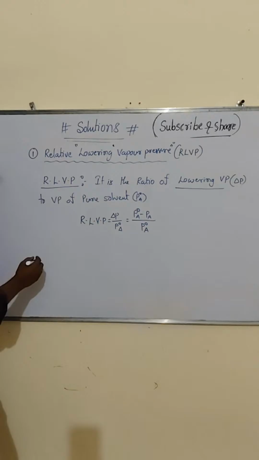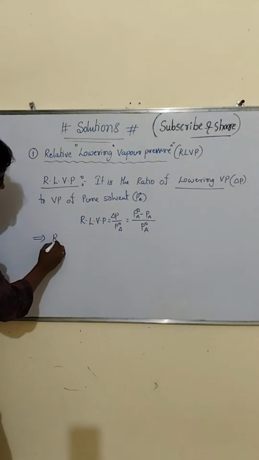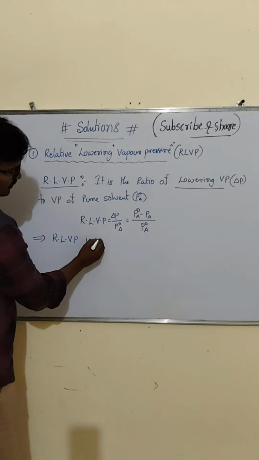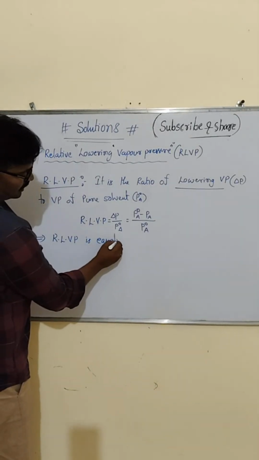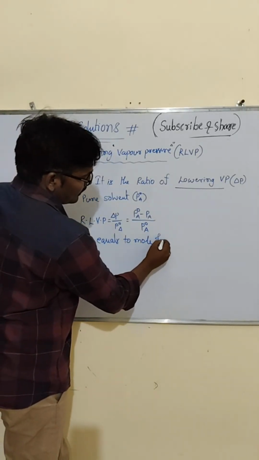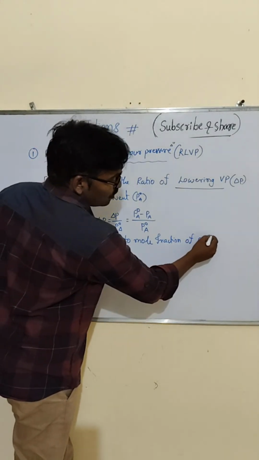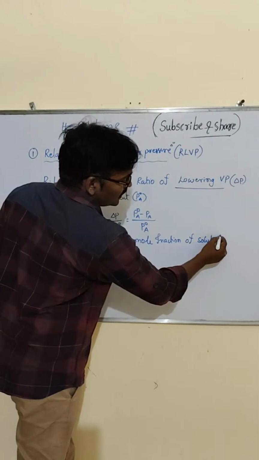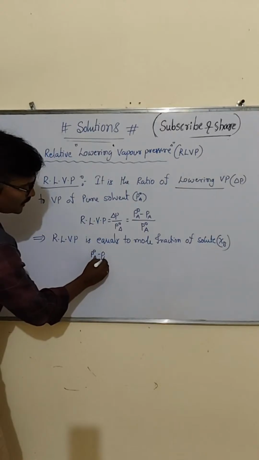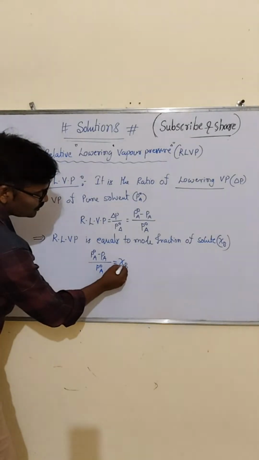And experimentally it was found that relative lowering of vapor pressure equals the mole fraction of solute, XB. That is, P naught A minus PA divided by P naught A equals the mole fraction of solute.